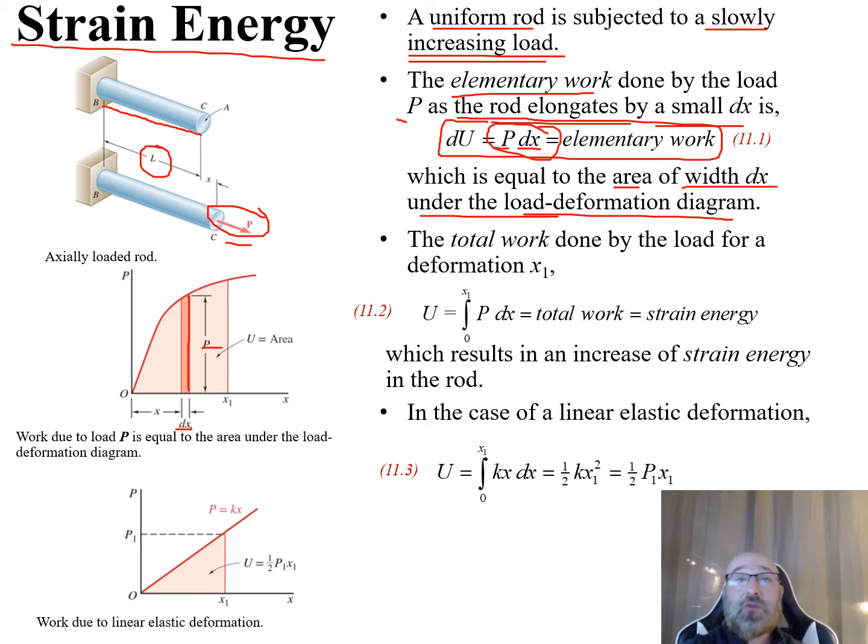Now from there, we consider our total work, the total work done by the load over the deformation to x1. This is our distance x1 as we reference back to this load deformation diagram.